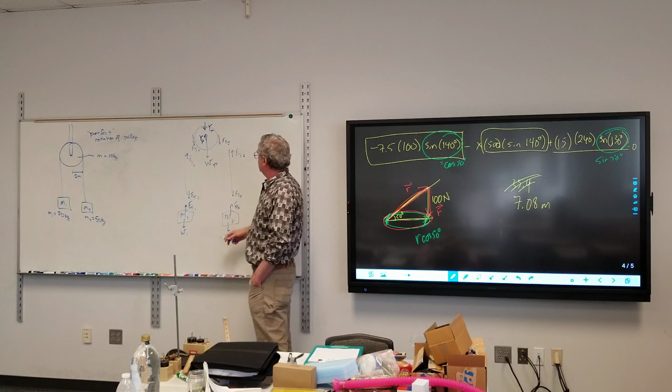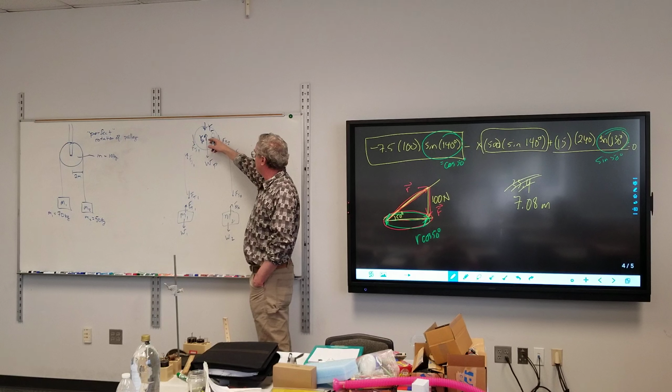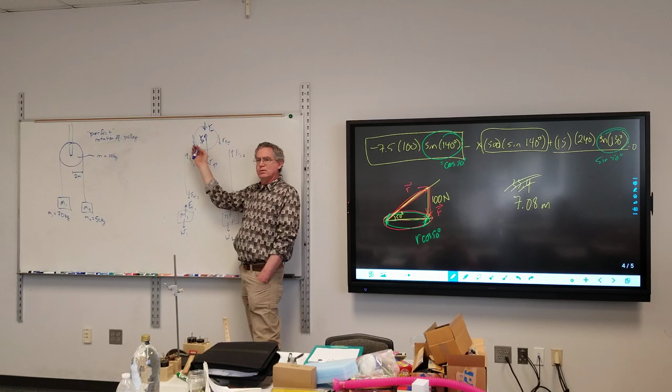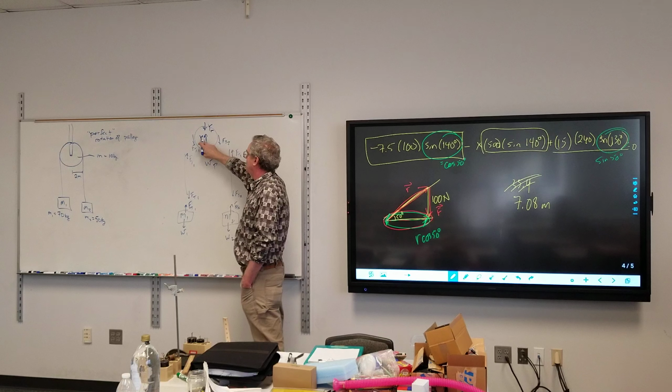W sub P. I think that's an R. That's an R there. It'll be confusing for me if you do W sub P for pulley and Y sub P. Well, that's weight and normal force, using the same subscript for the same object. But it's all working on the pulley, so why would it not be the same subscript?